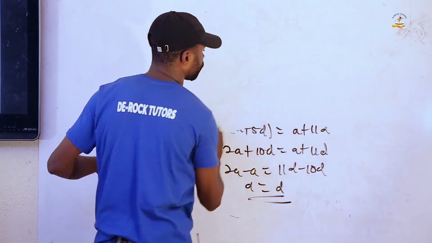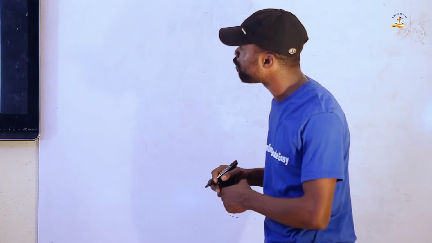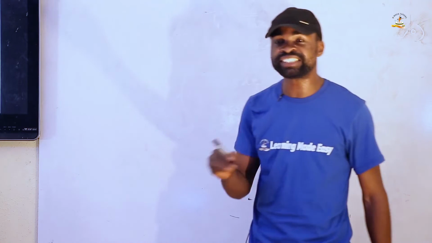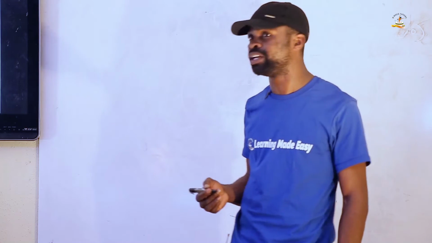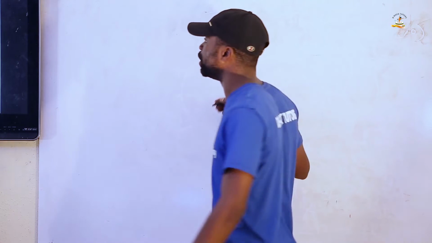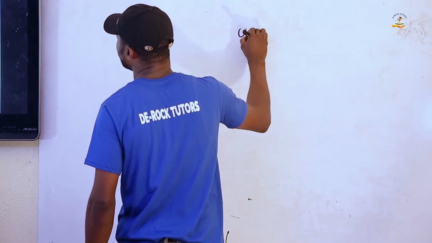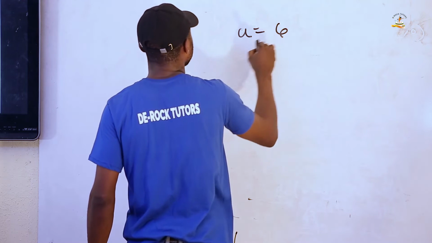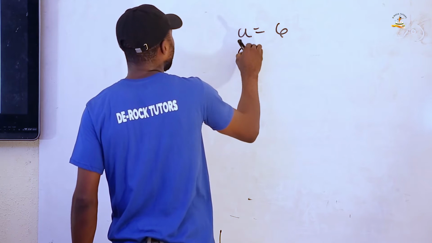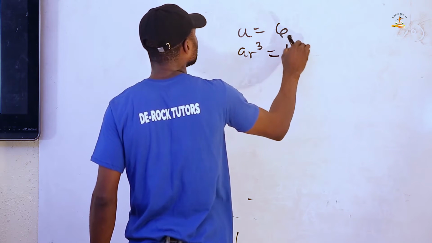Question number 47: given that the first and the fourth term of a GP are 6 and 162 respectively, we are required to find the sum of the first 3 terms of the progression. Now, in this question, the first term, A, is equal to 6, and the fourth term, AR raised to power 3, is equal to 162.